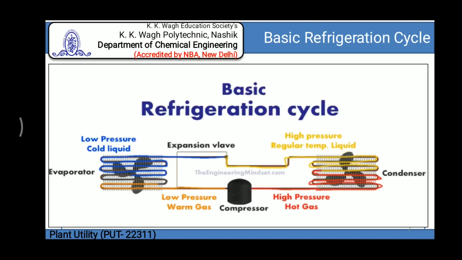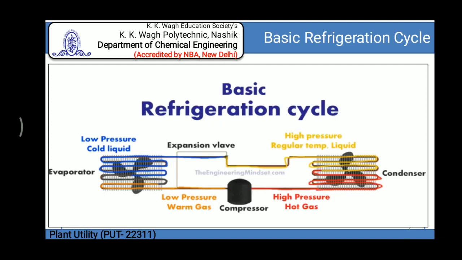Cool air is blown across the outside of the finned tubes of the condenser by the fan which is shown over here. Since the air is cooler than the refrigerant, heat jumps from the tubing to the cooler air. Here energy goes from hot to cold, so latent heat takes place.